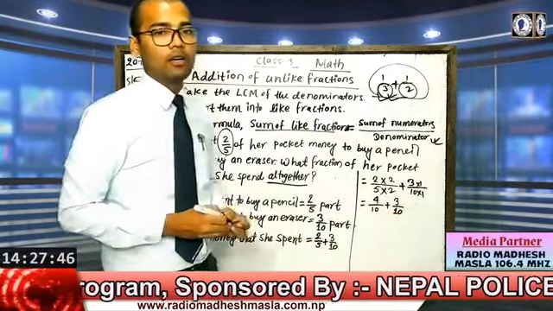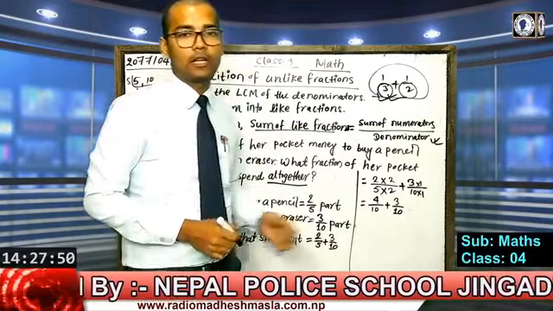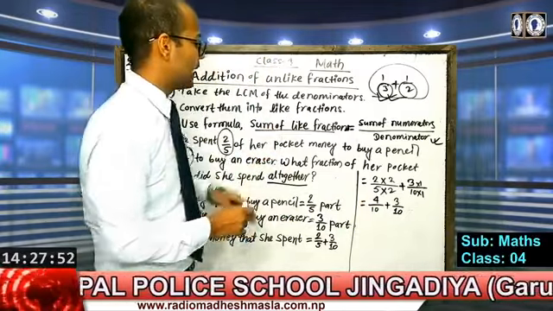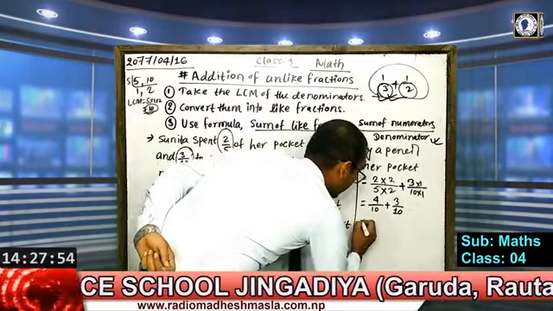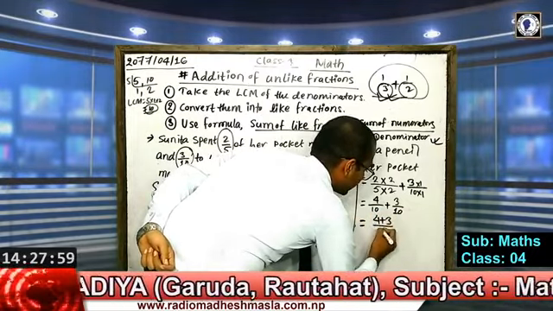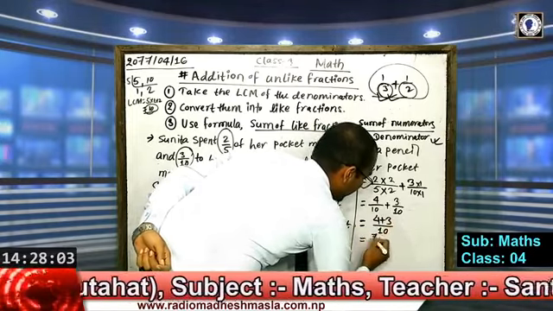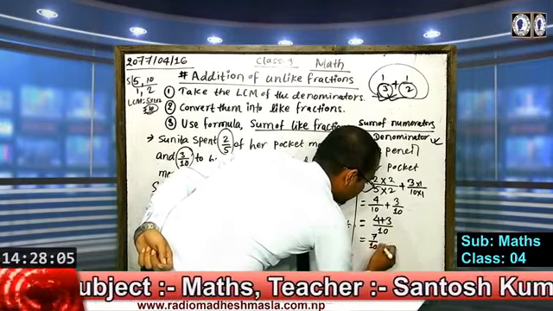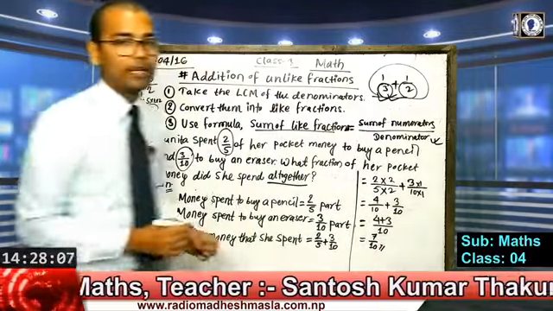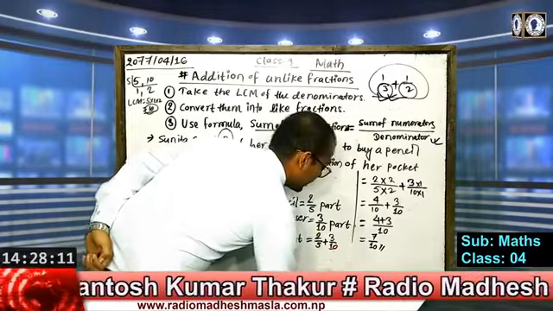Now we got like fractions, so we apply the formula: sum of numerators, 4 plus 3, over the denominator 10. That is 7 by 10. This is the answer.